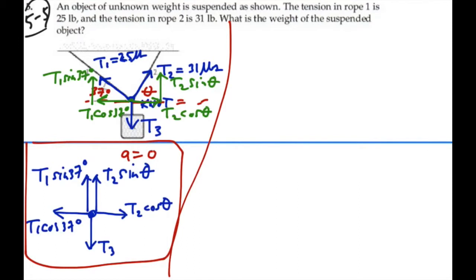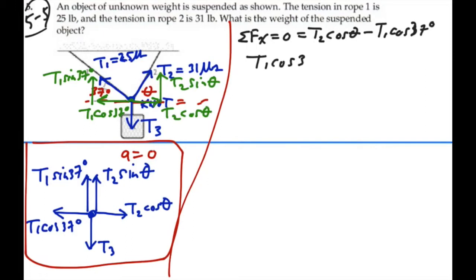I want to use this free body diagram to help me set up my equations. First of all, on the knot, the summation of all the forces in the x direction should be equal to 0. I have T2 cosine theta, and opposite that, I have T1 cosine 37 degrees. So it should be true that T1 cosine 37 degrees equals T2 cosine theta.